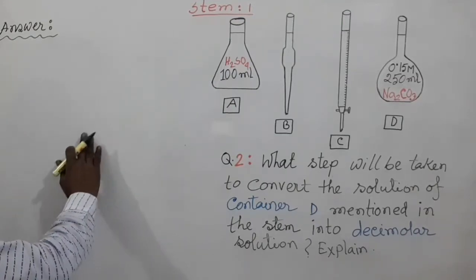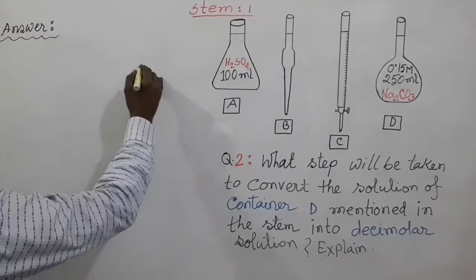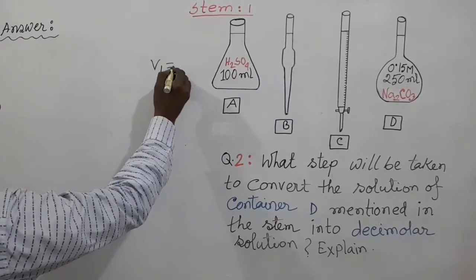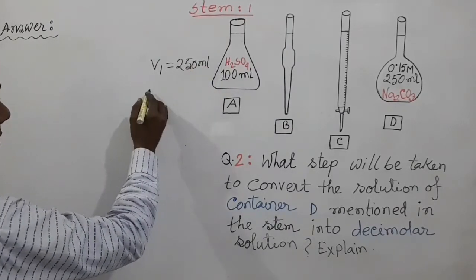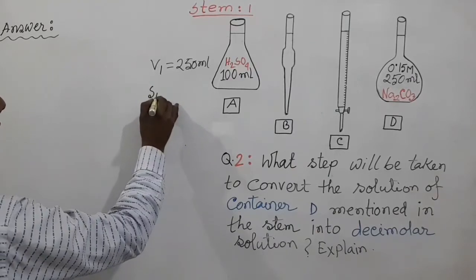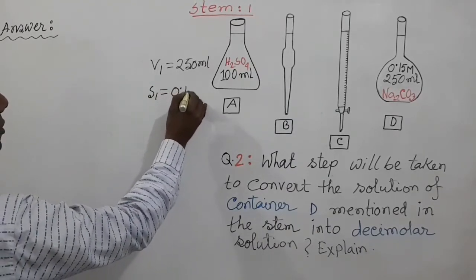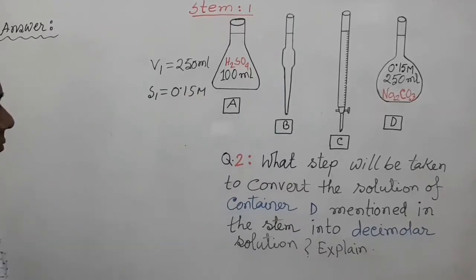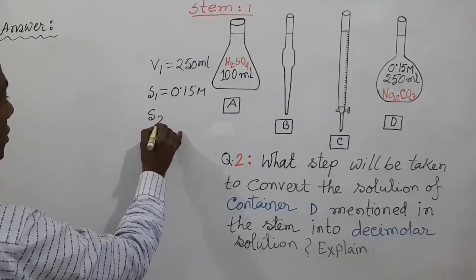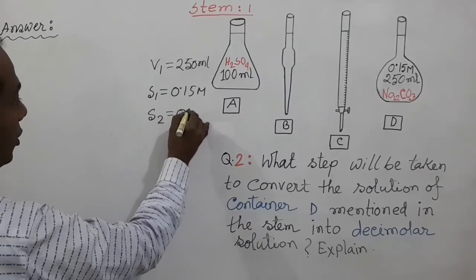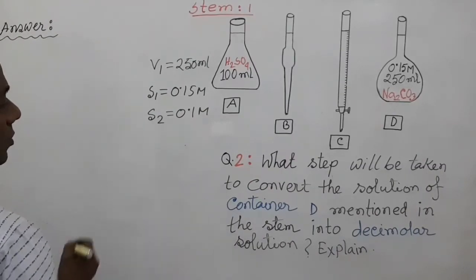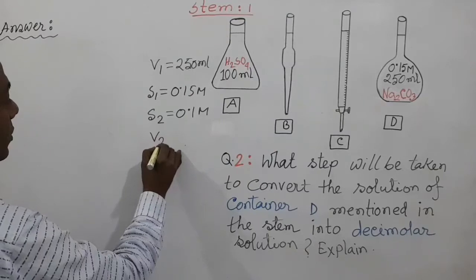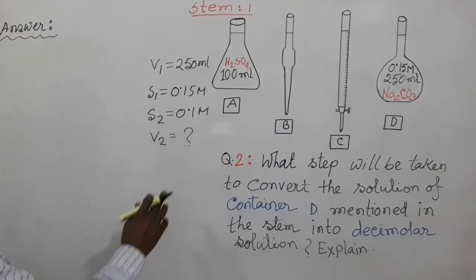So, here the given volume V1 equal to 250 ml and the given concentration S1 equal to 0.15 molar, and our required concentration S2 equal to 0.1 molar, that means decimolar, and the volume will be V2 equal to what?